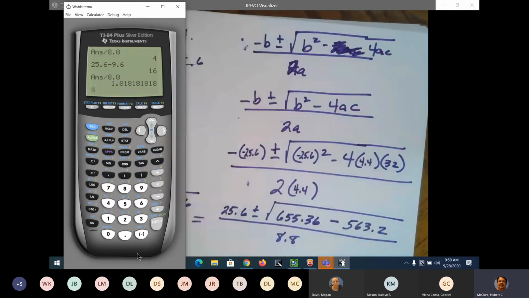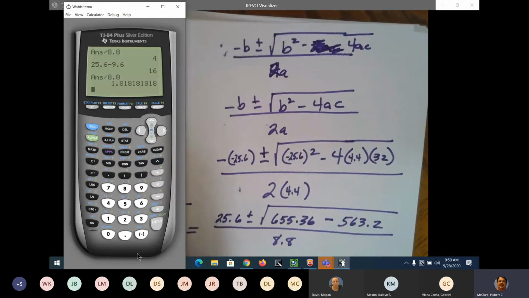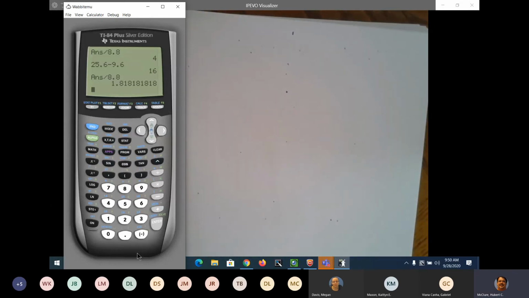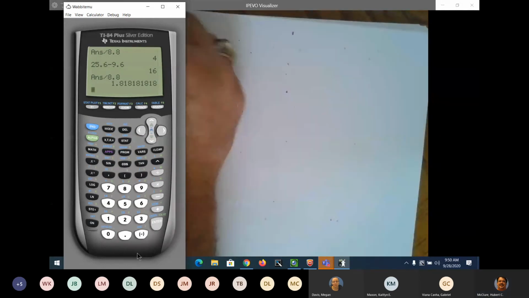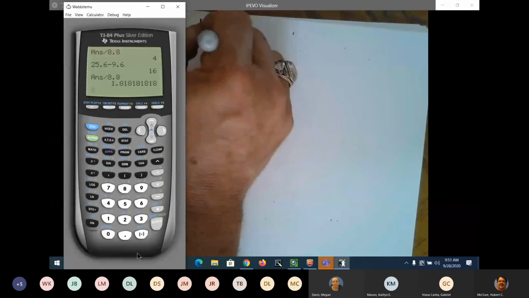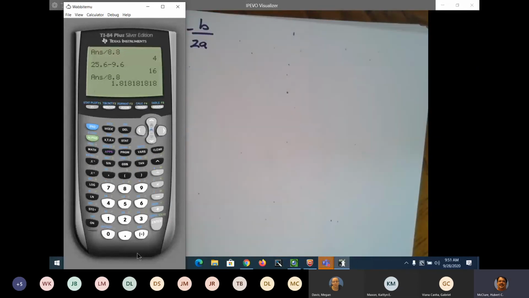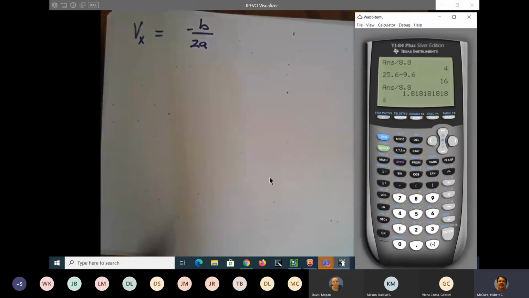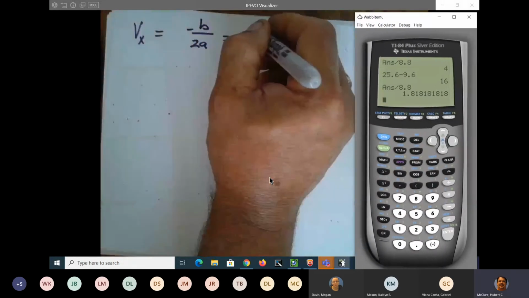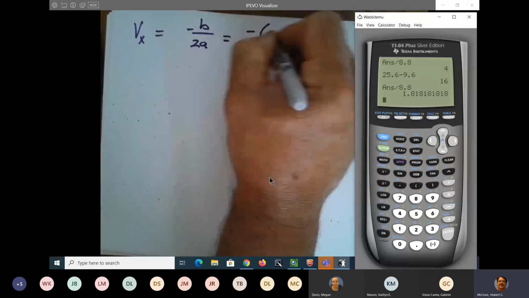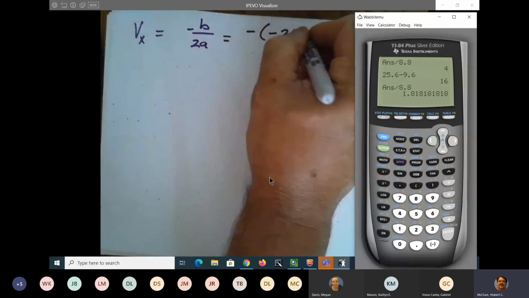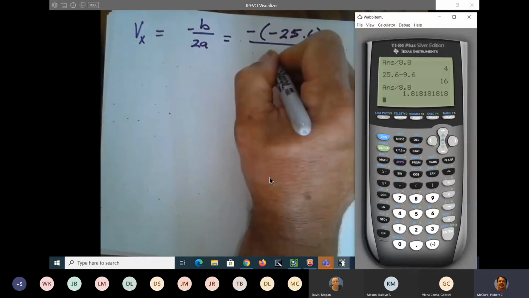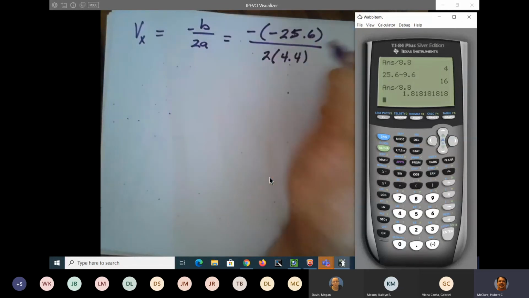Now we've got to find the vertex. To find the vertex, you find negative b over 2a. That's your x. Negative b is 25.6, divided by 2 times 4.4.